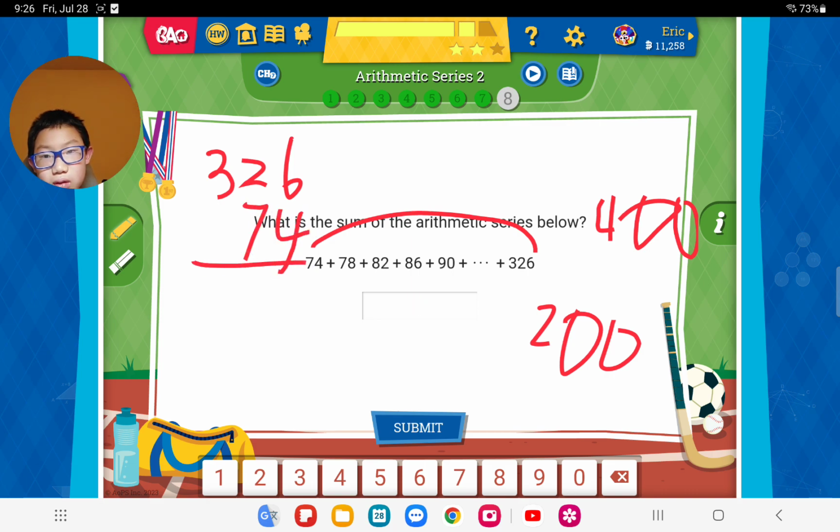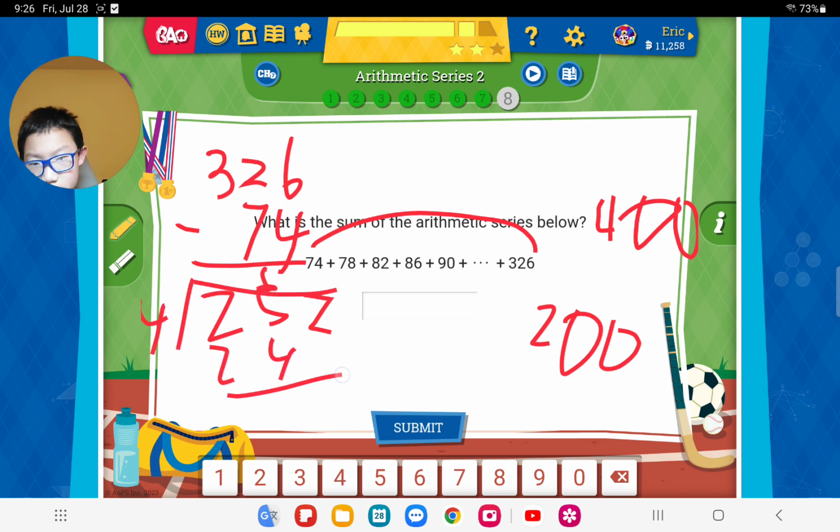Then you can get the difference. We minus it? Yes. 2052. 2052 means how many differences? One difference is 4. So we divide. 63. 63 differences.